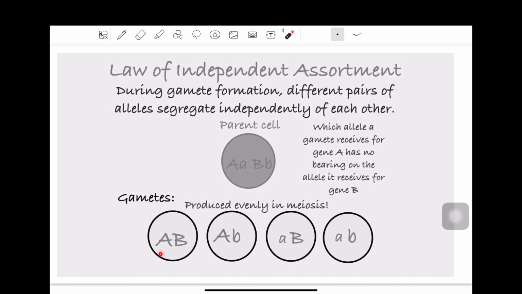So capital A can pair with capital B, capital A can pair with small b, small a can pair with capital B, small a can pair with small b. All of the combinations that can arise from these gametes are probable if the genes are independently assorting. And this independent assortment is inhibited by linkage.